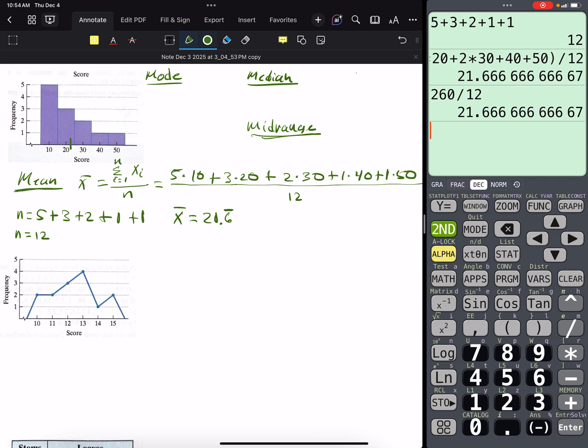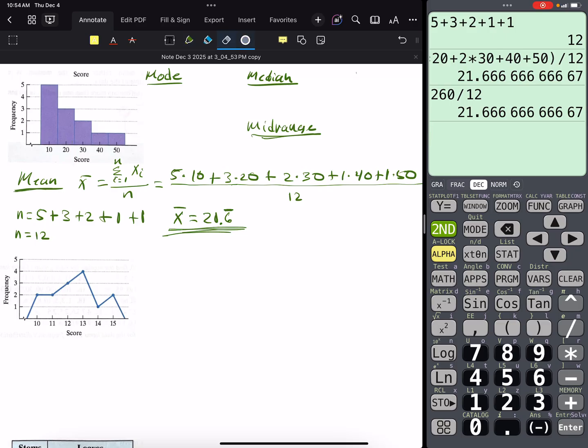And so if I put a tick mark here at 21 and I look at the shorter bars over here and the larger bars over here, that actually looks like it's in about the middle of my data set as far as how much data is below and how much data is above that line. And so it's not a perfect check, but it does seem like this is a reasonable answer. And so I'll go ahead and underline it and say that's my answer.